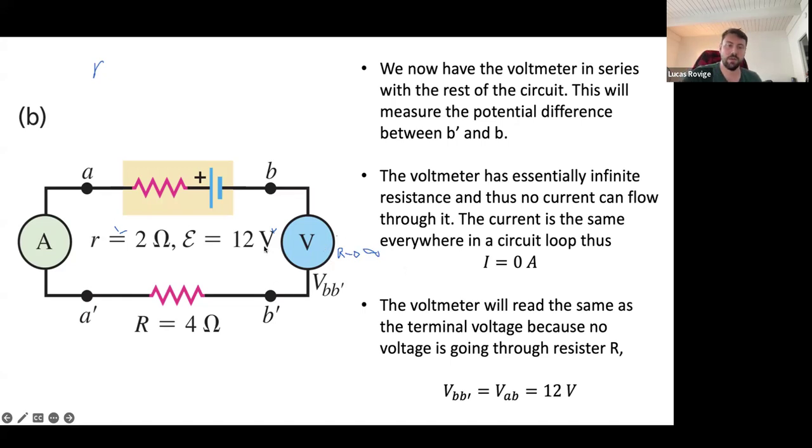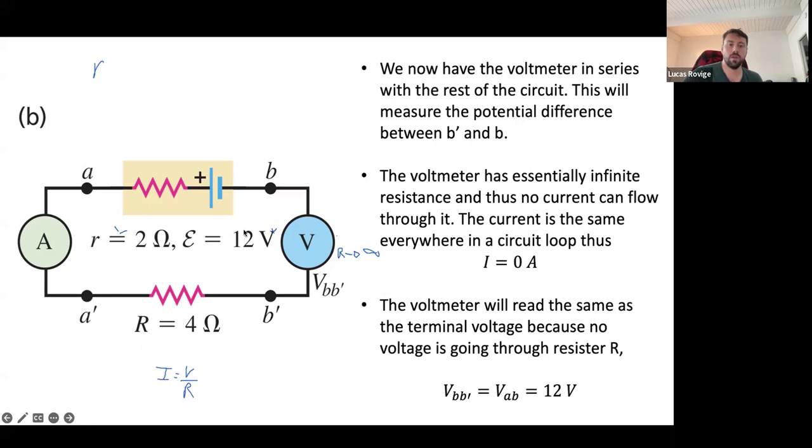And so since there's a massive resistance in our circuit, now there's no current that can flow, because the current is going to be a function of the potential divided by the resistance. If we have a massive resistance here, we just have a zero current. And so basically there's no current flowing.